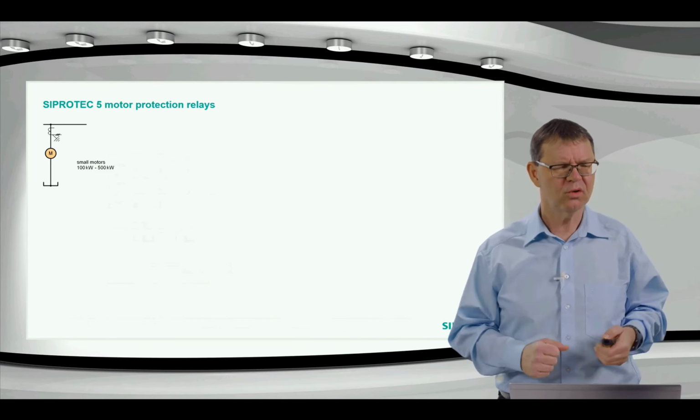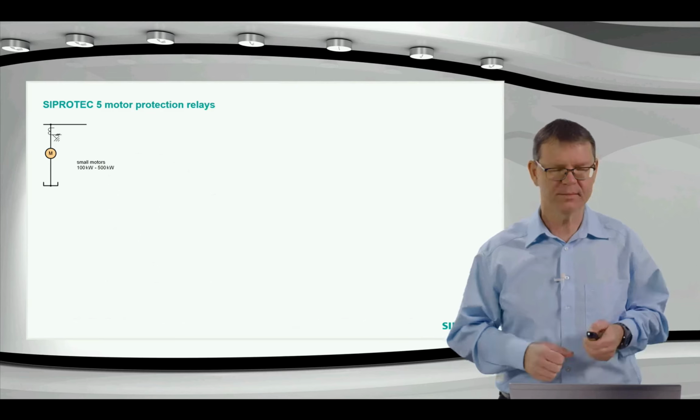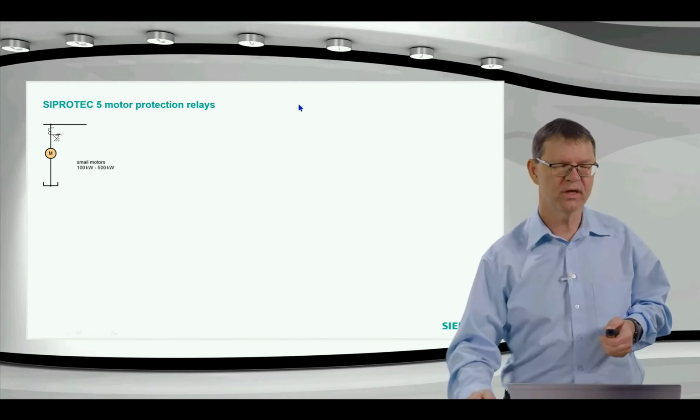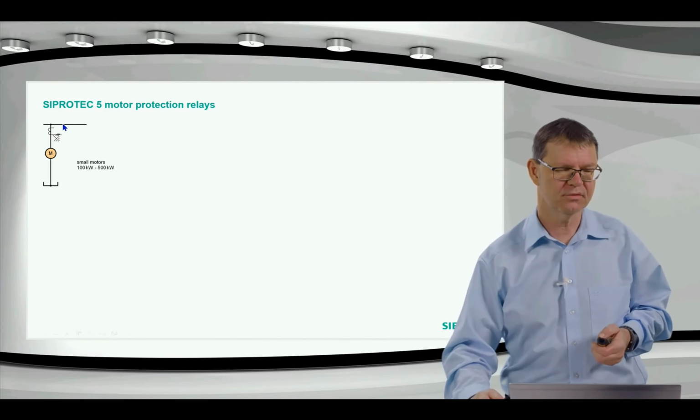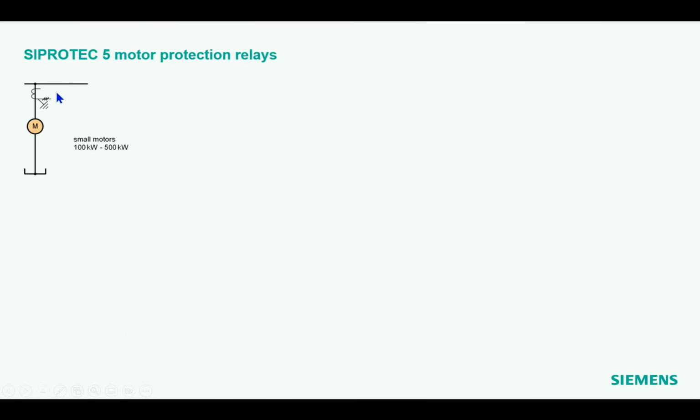Yeah, the small motors, if we would like to call them like that. For this, we have just a current input, so current transformer, and we evaluate everything with these currents here. So for this setup, we have as the smallest candidate, the 7SX800. This is our SIPROTEC 5 compact relay.